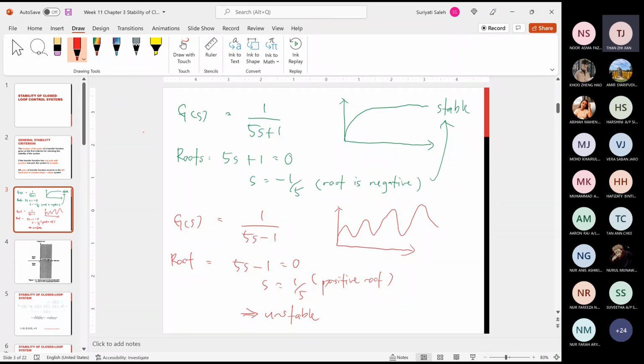So for the closed loop system, normally what we want to achieve is stable. The process is not only maintained at the set point, which provides zero offset, but we also ensure we get a smooth response, where the response becomes stable. So this is what is meant by stability.